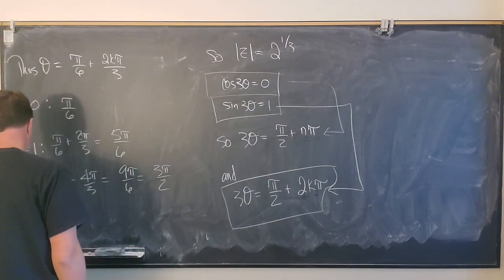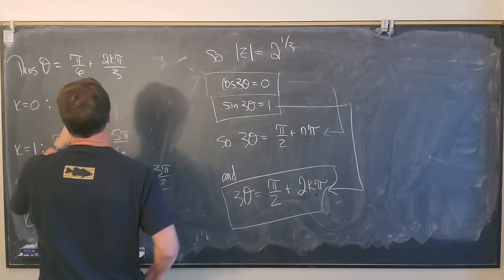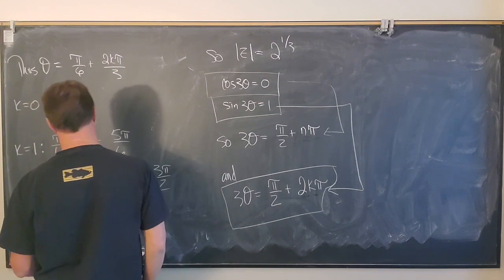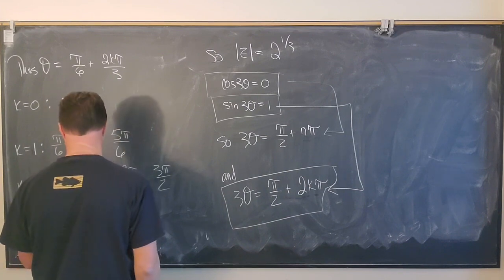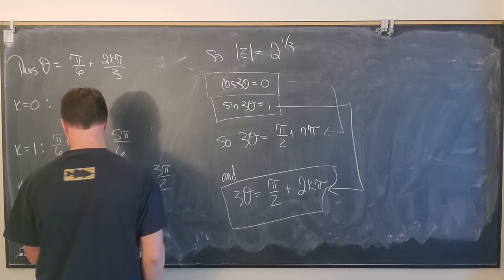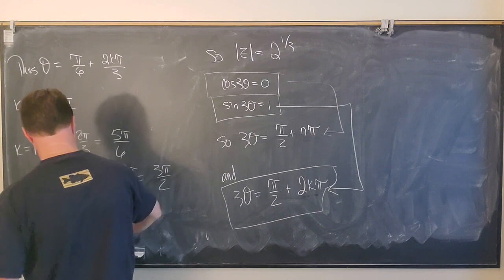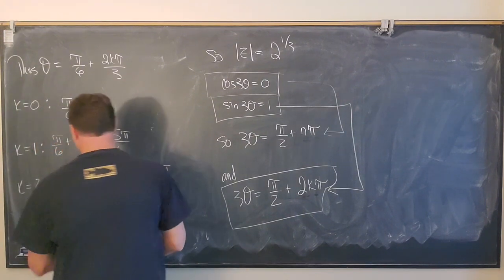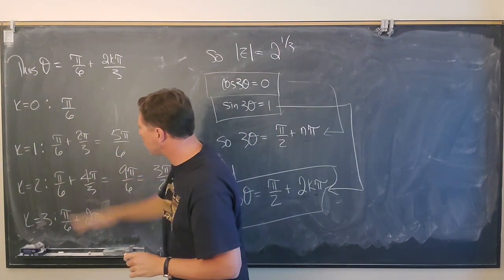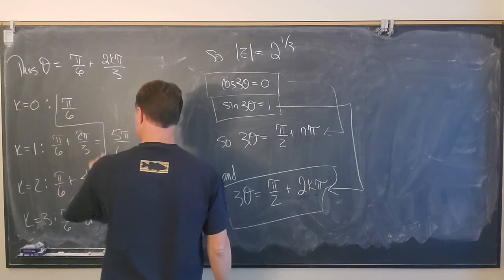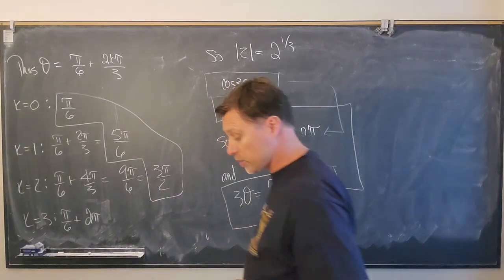When k equals 3, we get pi over 6 plus 2 pi, since the 3's cancel. In terms of angles, that is the same as pi over 6. This is going to repeat itself, so these 3 angles give us 3 distinct solutions to our original equation.